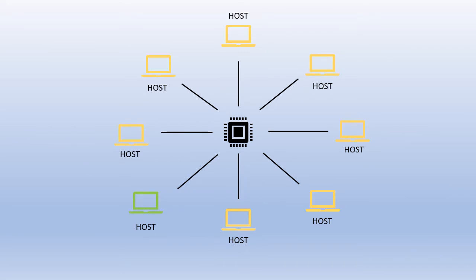Now coming to the behavior of a switch, by default, the switch receives a message from one host and transmits the message to all the hosts that are connected to it. This behavior of the switch is termed as a broadcast, where all the connected hosts receive a message that was transmitted.